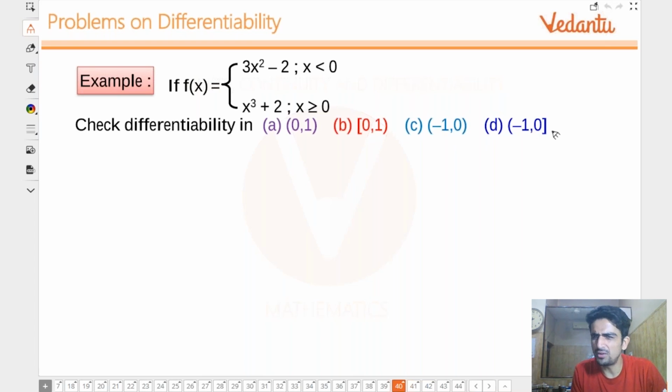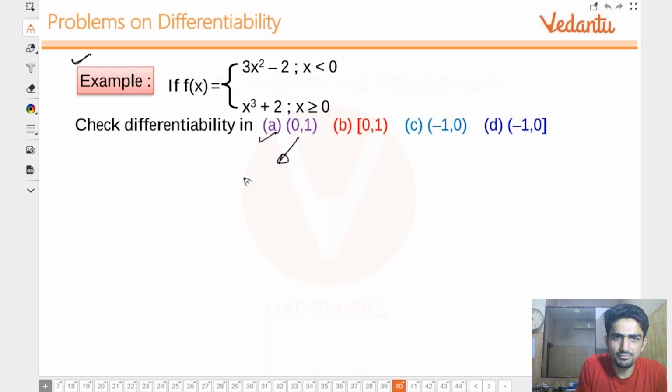Normally these questions are not asked. I just took this example here to make you apply the definition. I'm doing it orally first of all. First part, I know I need to check the things at 0 only because, sorry. Okay, when I'm seeing 0 to 1, I need to see the function between 0 to 1.